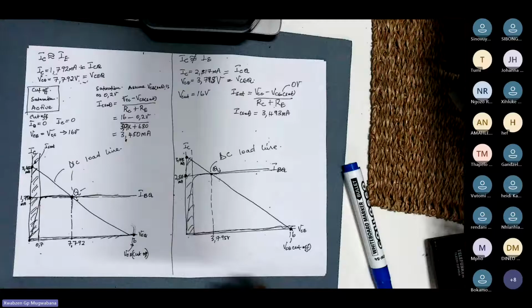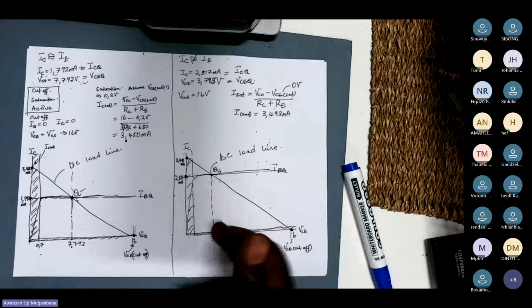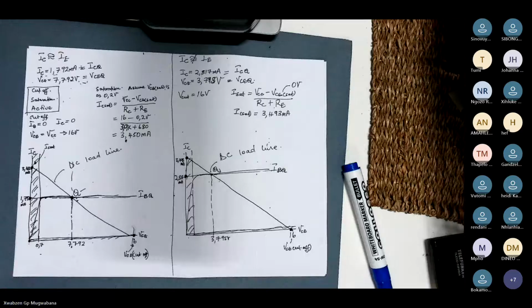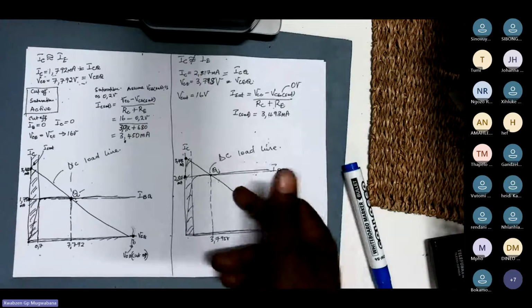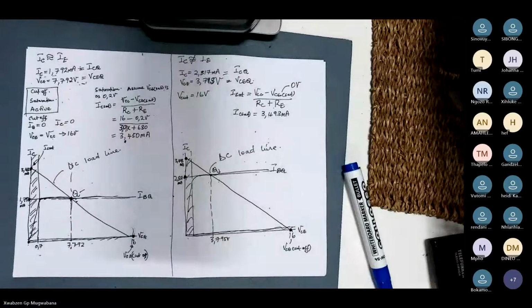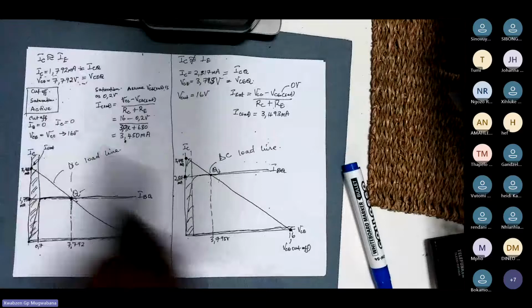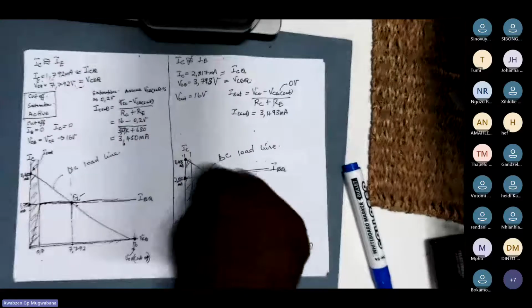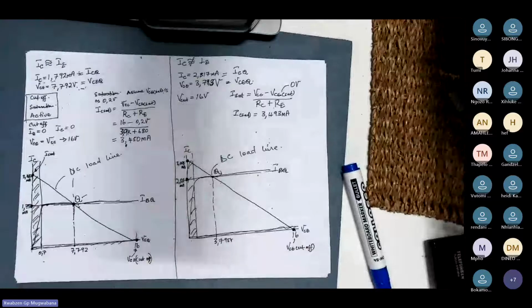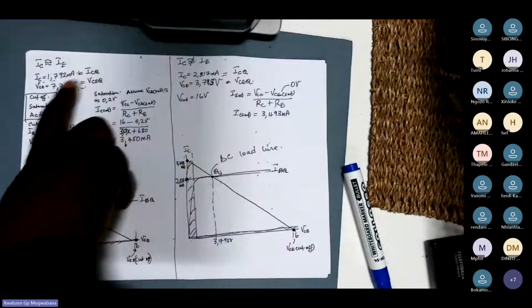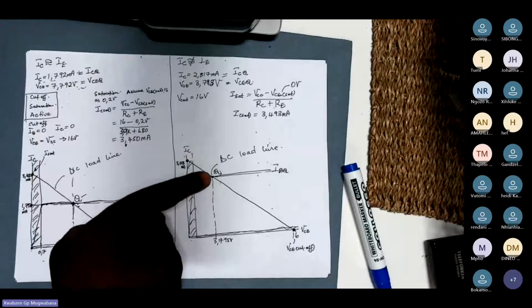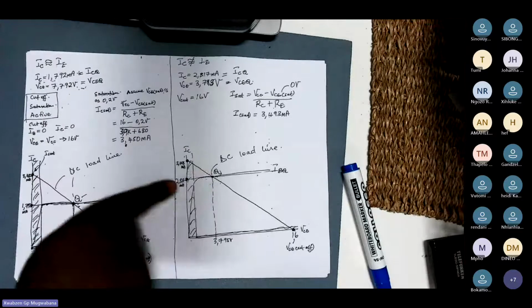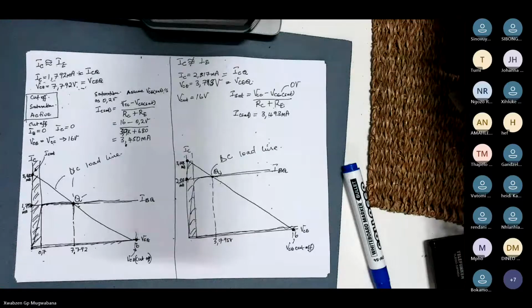Remember, now you are interpreting the graph inside your workings. The value that I've determined there falls within this, which means it is defined in the graph as this part here. When I see ICQ, I can relate it to the graph as well, that is the quiescent point. Thank you, sir. Okay. Next question.